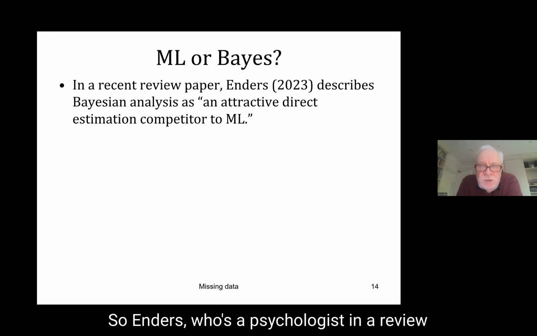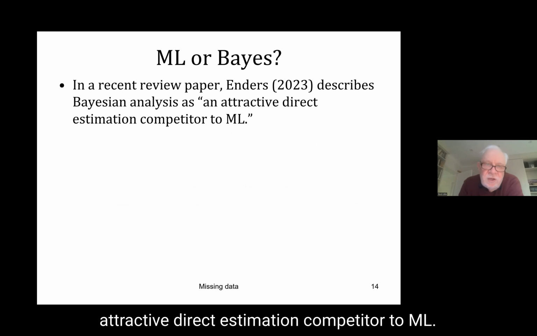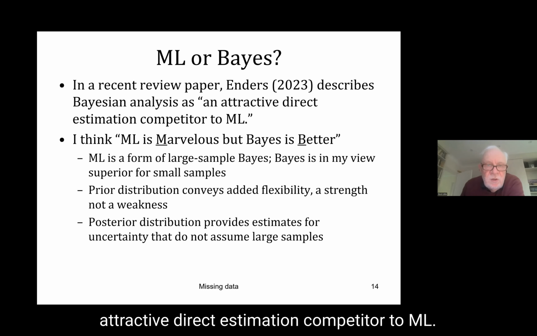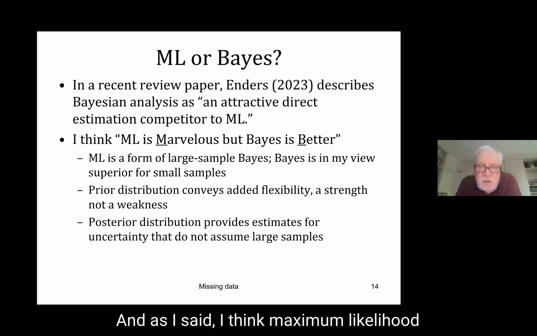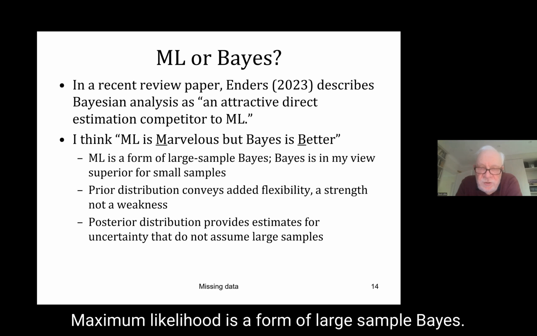So Enders, who's a psychologist, in a review paper describes Bayesian analysis as an attractive direct estimation competitor to ML. And as I said, I think maximum likelihood is marvelous, but Bayes is better. Maximum likelihood is a form of large sample Bayes.